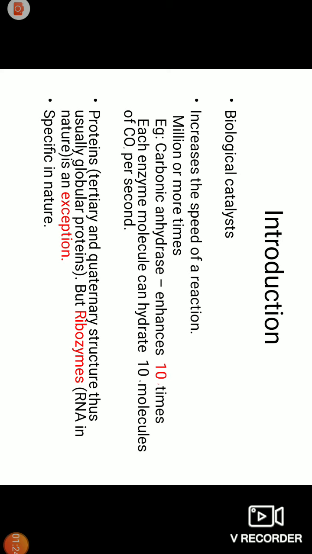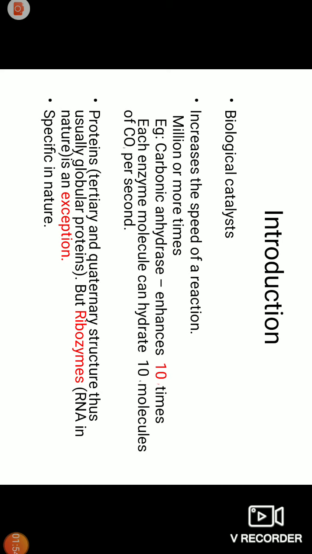Any catalyst will enhance the rate of a chemical reaction, and the degree of enhancement is variable. Some enzymes will enhance the catalytic rate at very high speed, whereas some will increase the speed at an average level.